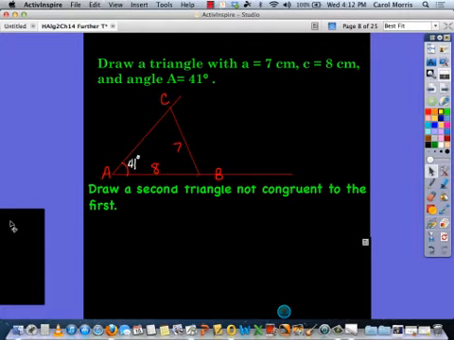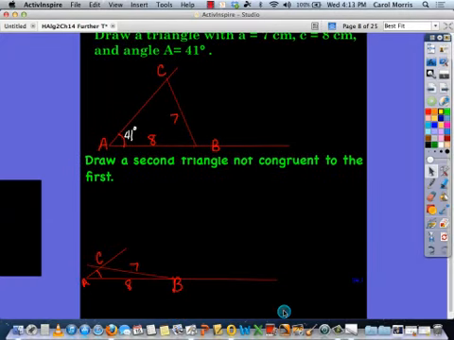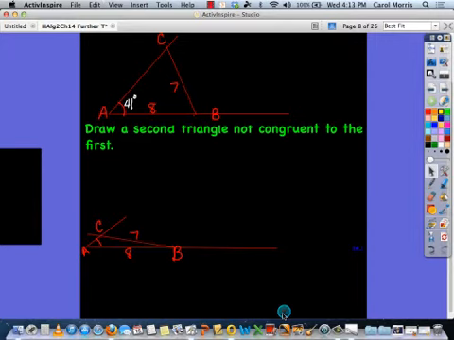Question is, is there one that you can draw with these same dimensions? And if you look down here at the bottom, I have drawn it. Let's move it up. We've got that edge CB is 7 still. That edge AB is 8 still.